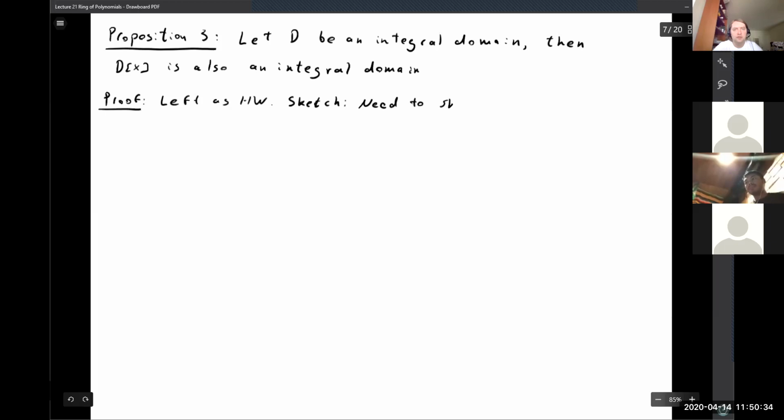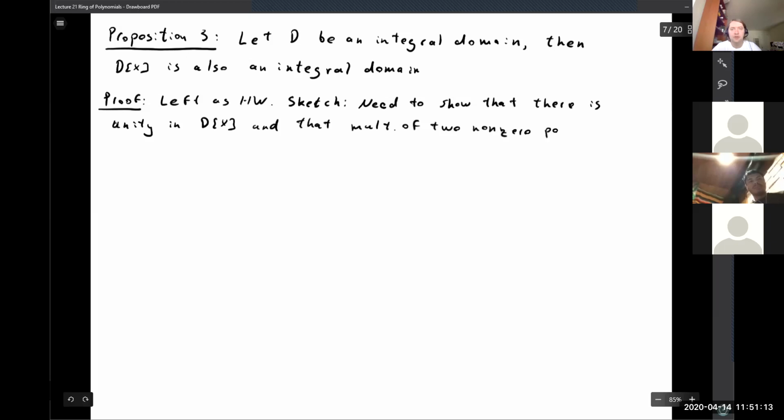Need to show that there is a unity in D[x], that it is commutative, which is kind of obvious, and that the multiplication of two non-zero polynomials cannot be zero. Okay, so that's kind of neat.